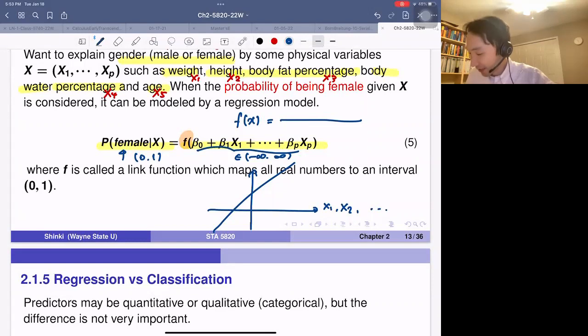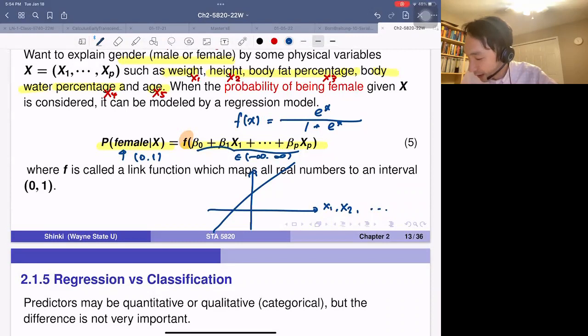Okay, so for logistic regression, f of x is e to the power x divided by 1 plus e to the power x, and we plug in this entire quantity, beta naught plus dot dot dot beta p x p, as this x. If the number within f is larger, then this goes to 1.